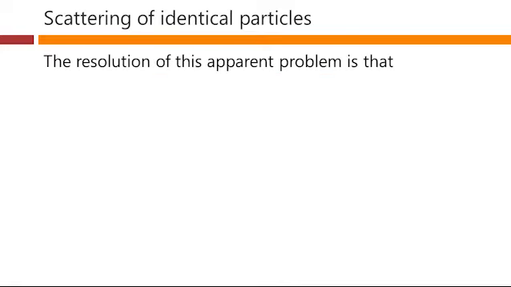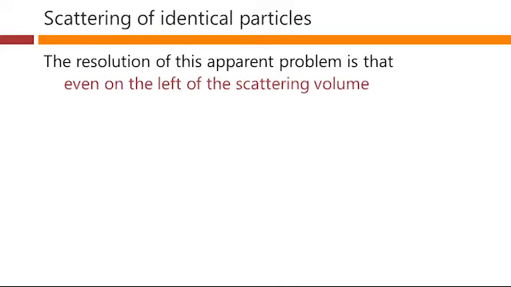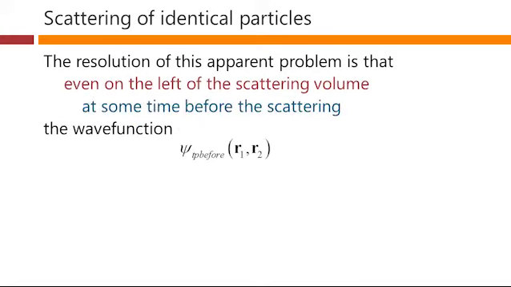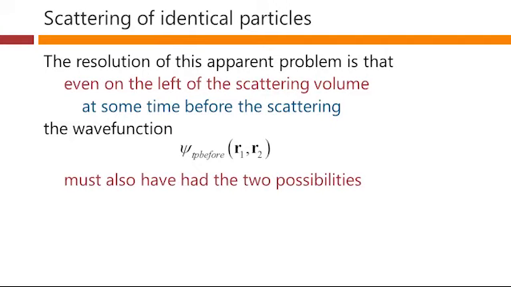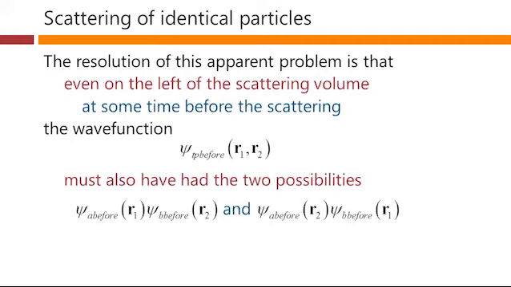The resolution of this apparent problem is that even on the left of the scattering volume, at some time before the scattering, the two-particle wave function of R1 and R2 must also have had the two possibilities, particle 1 on path A on the left, which I've called A before here, and particle 2 on path B on the left, which I've called B before, and similarly, particle 2 on path A before and particle 1 on path B before, must also have been equal in magnitude.